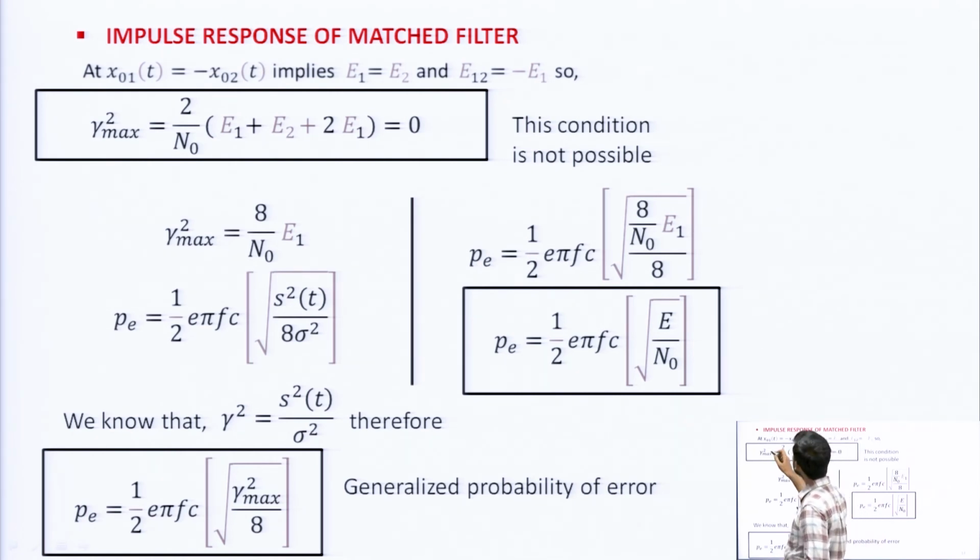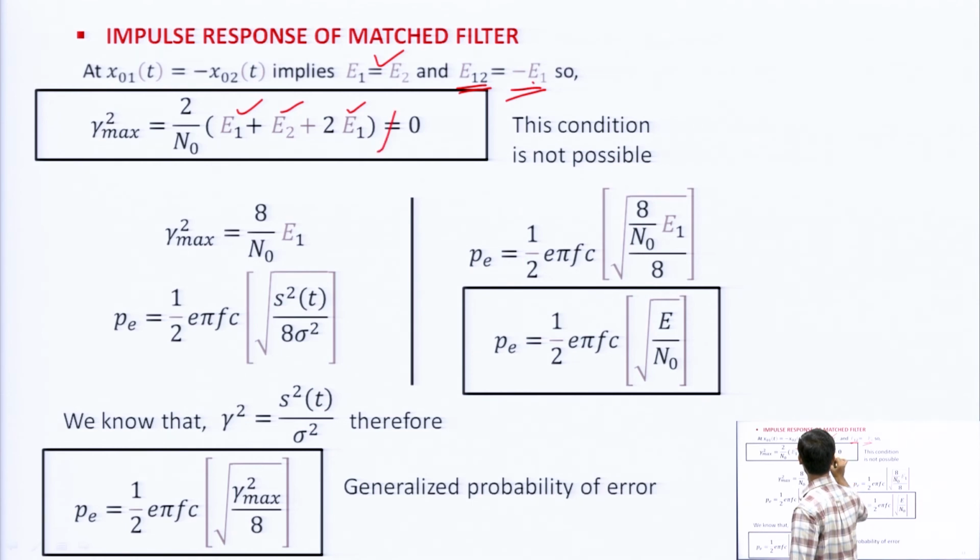Another case is when x naught 1 of t equal to minus x naught 2 of t, which implies E1 equal to E2 and E12 equal to minus E1. So, I can write E1 plus E2 minus of minus 2 times E1, that is plus 2E1. So, this is not equal to 0.